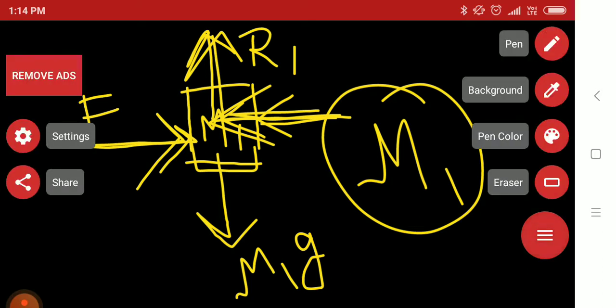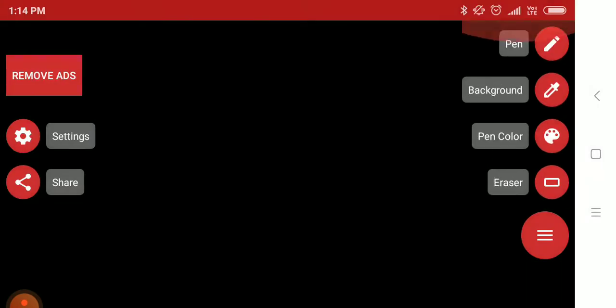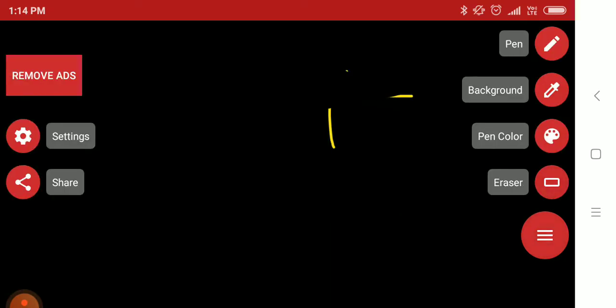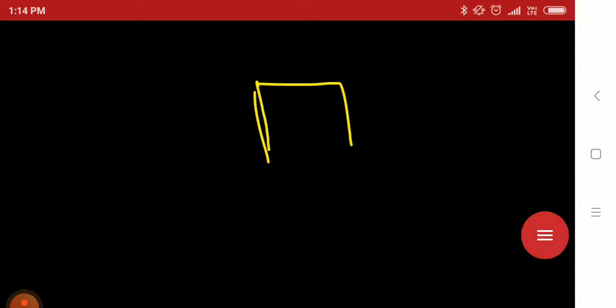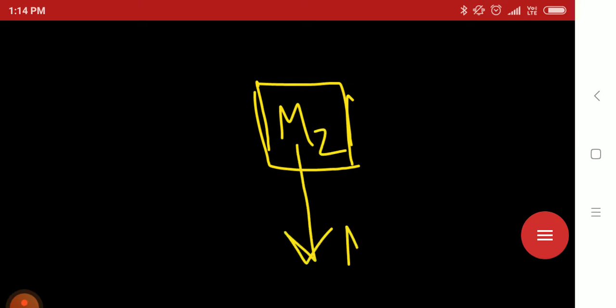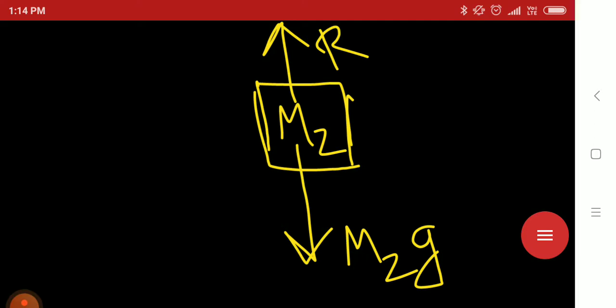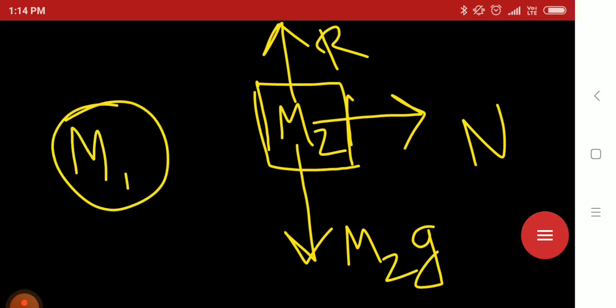I will draw the free body diagram similarly for mass M2 also. For M2, M2G is the gravitational force acting downwards, and the normal force R. And here N is the normal force due to the mass M1.